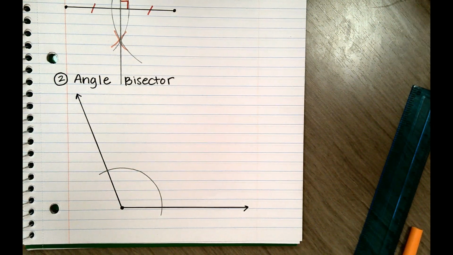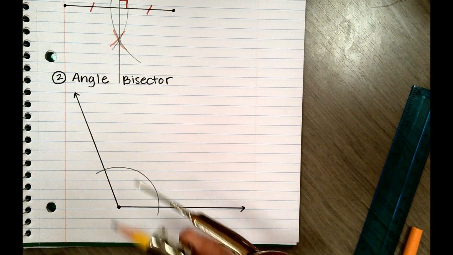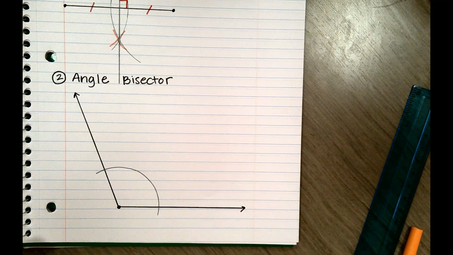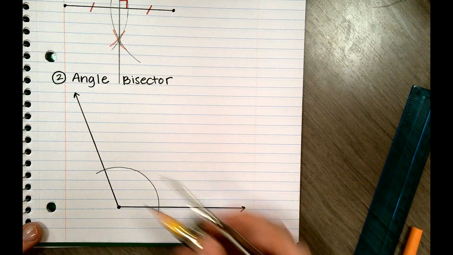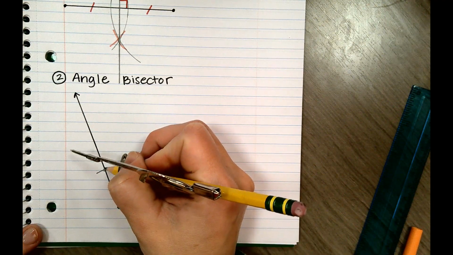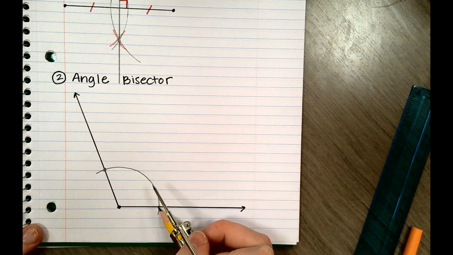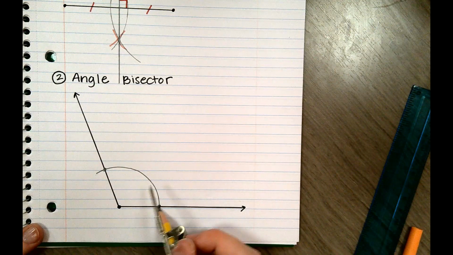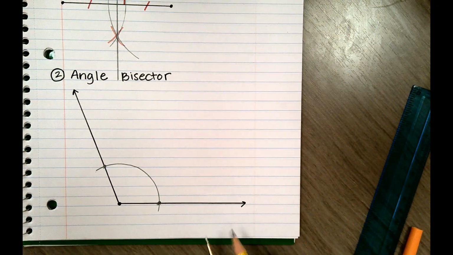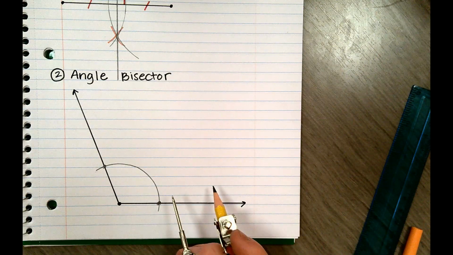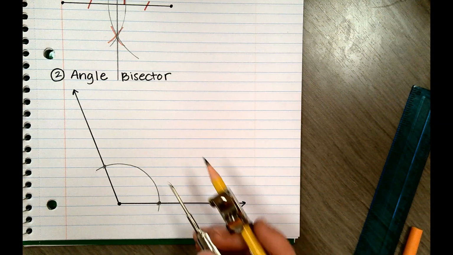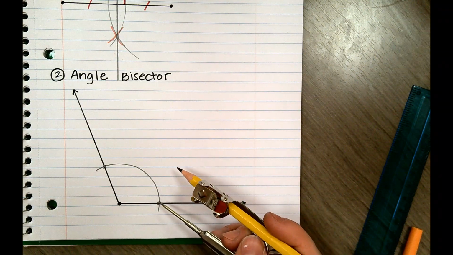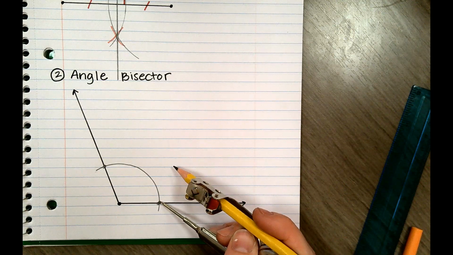We made an arc on the vertex inside the angle, and we've made two intersections, haven't we? We made an intersection right here and right here on the edges of that ray and the arc. So the next two arcs we'll make, the point of our compass should go on those intersections.